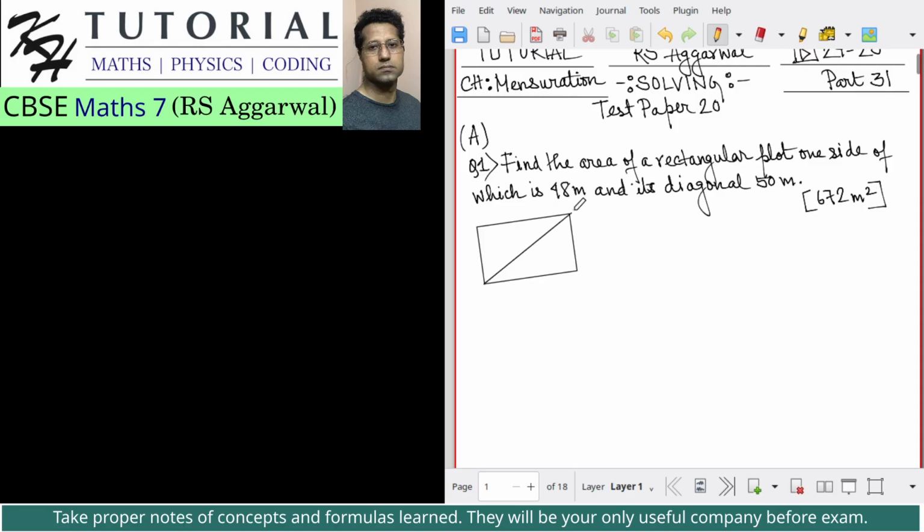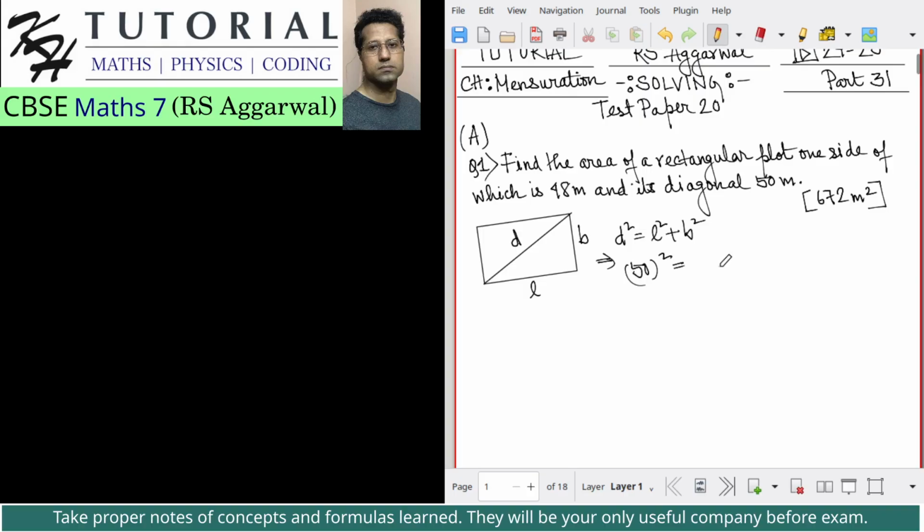If this is the diagonal, let D be the length of the diagonal, L the length of the plot, and B the breadth. From Pythagoras theorem we have D square is equal to L square plus B square. For this problem the diagonal is given to be 50 meter.